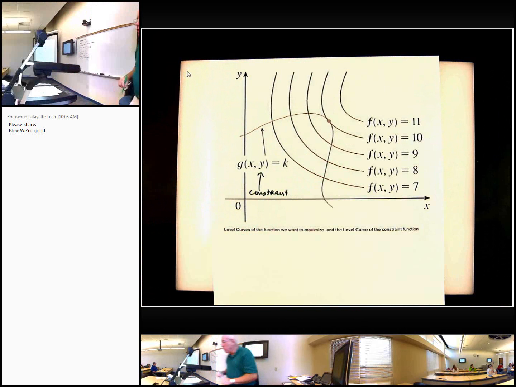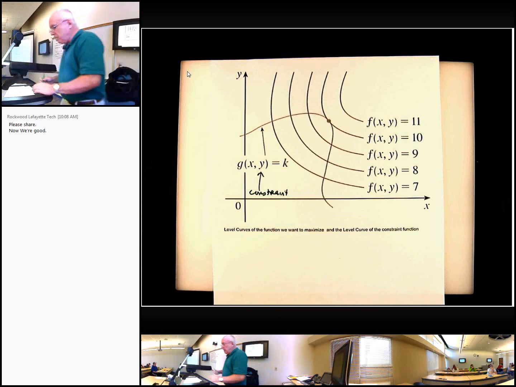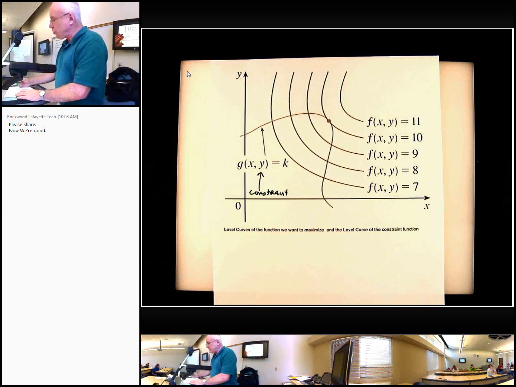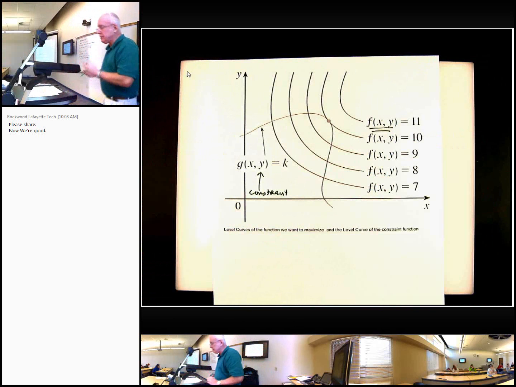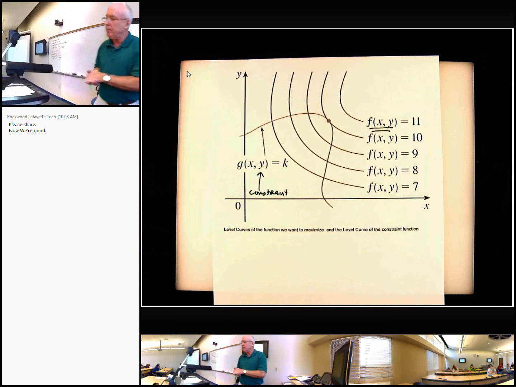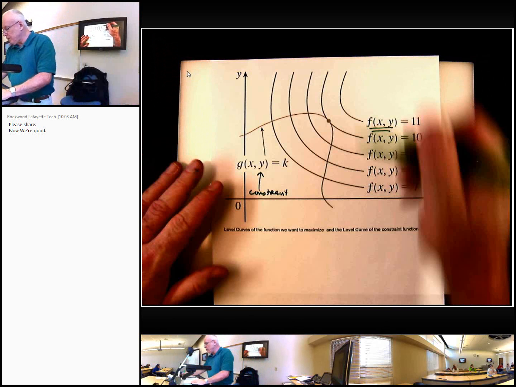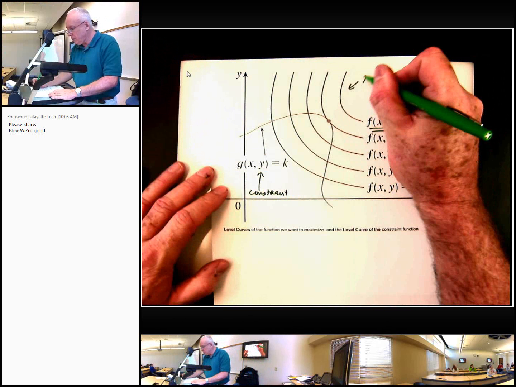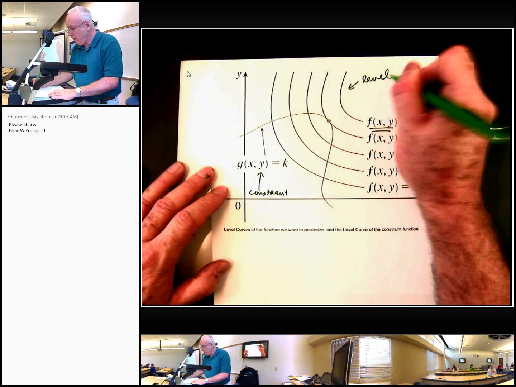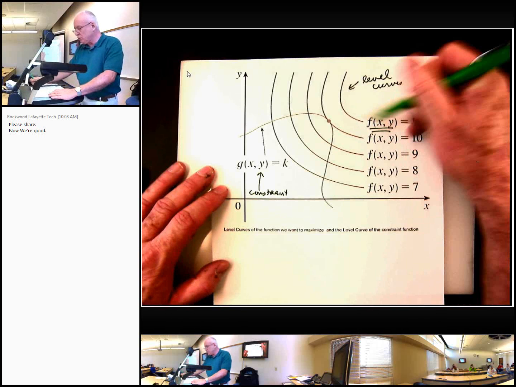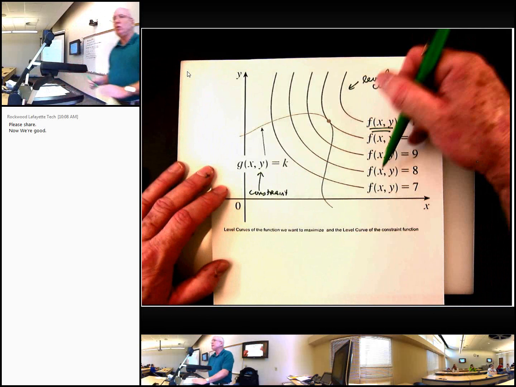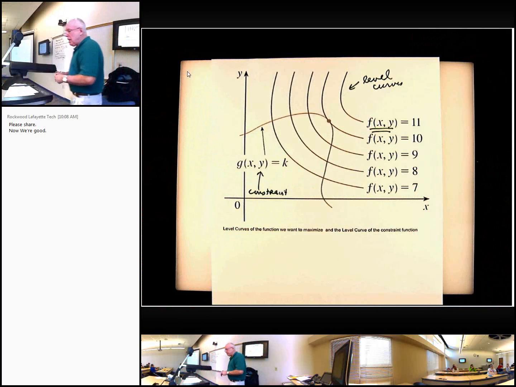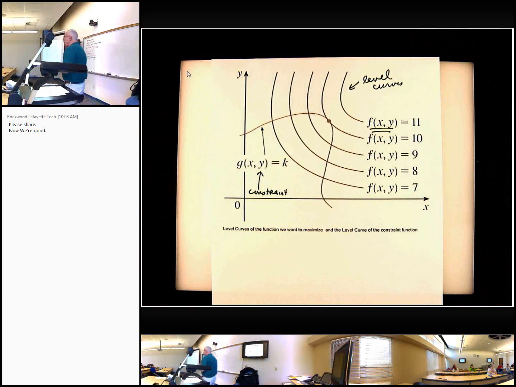Now say we want to maximize our function f(x, y). What this is showing are various level curves: f(x, y) equal to 11, 10, 9, 8, 7. They're contour curves. And we want the value of f(x, y) to be the biggest value it can be.